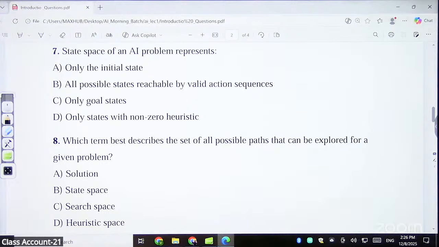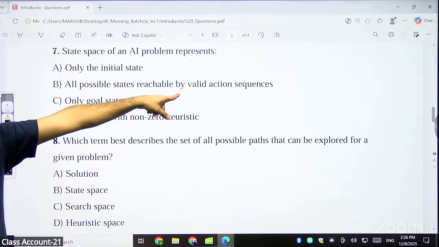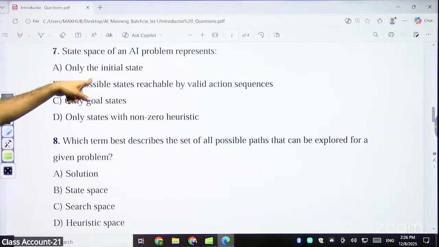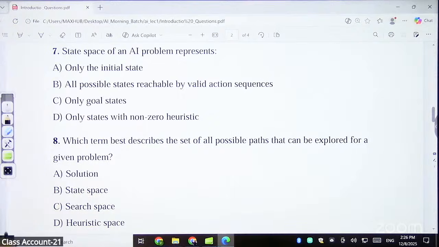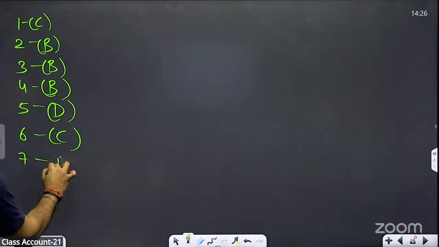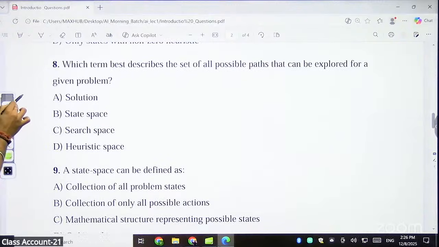Very simple. What is a state space? It represents all the possible states reachable via valid action sequences. So question 7, answer B.